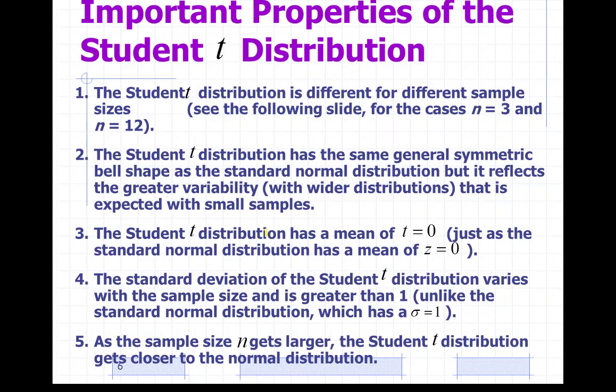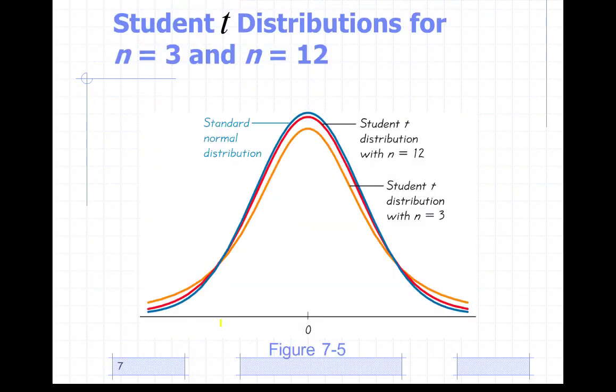It has a mean of 0, just like the standard normal curve, and the standard deviation varies with the sample size. That makes it a little different from the standard normal curve. But as our samples get bigger, the t-distribution gets closer and closer to the normal distribution.